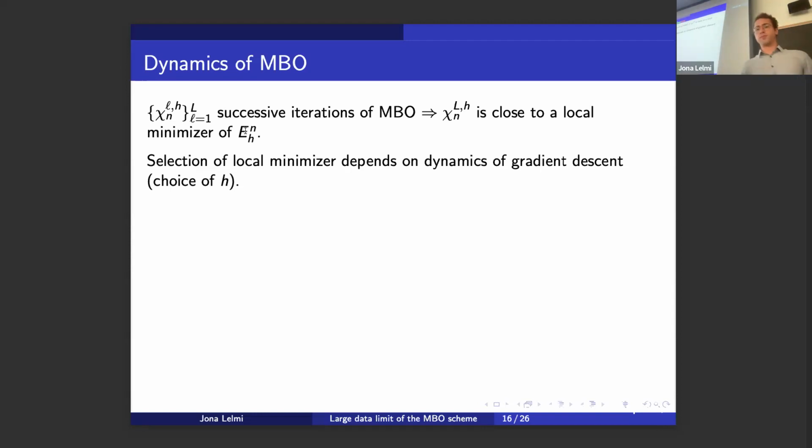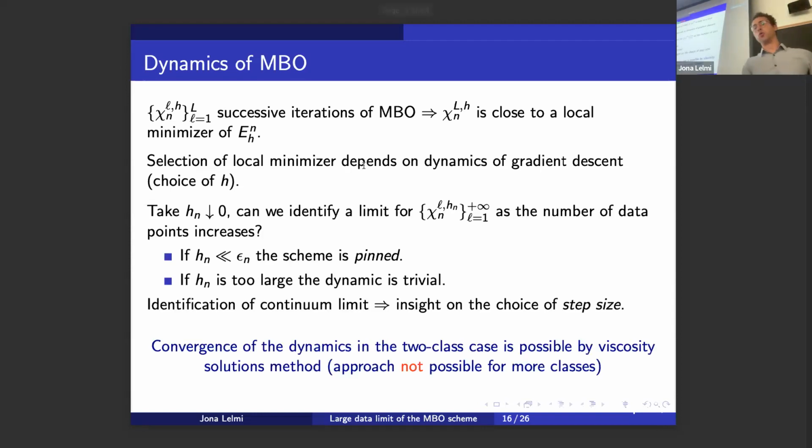So we want to understand what happens to the limit. We consider the whole dynamics on the nth graph, and then we let the number of data points go to infinity. We would like to understand what happens in the continuum for this evolution.